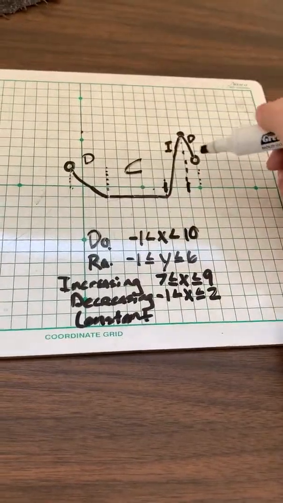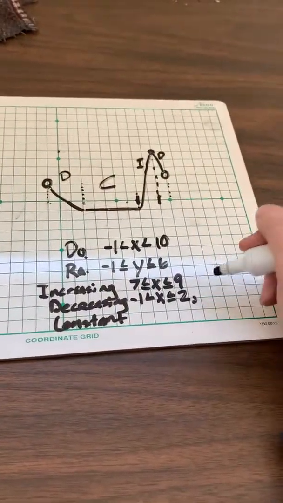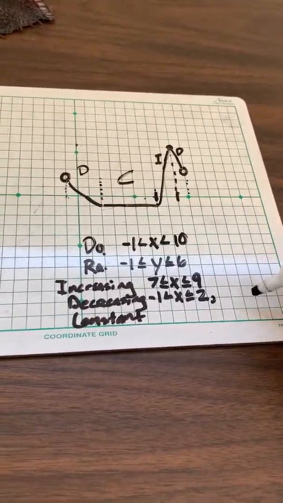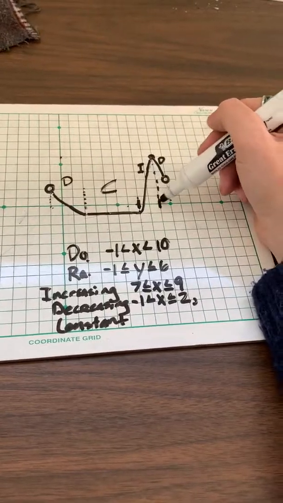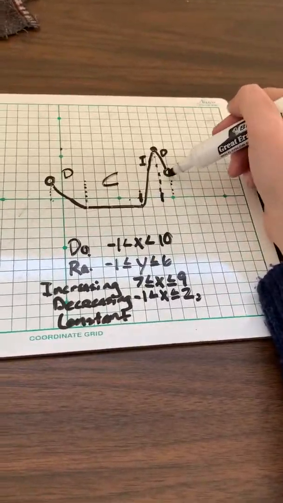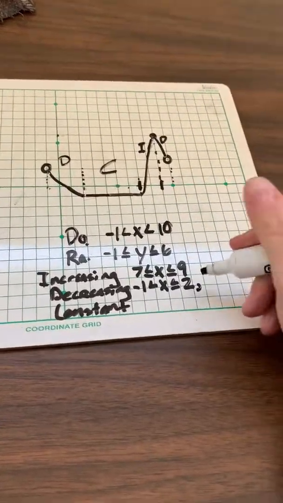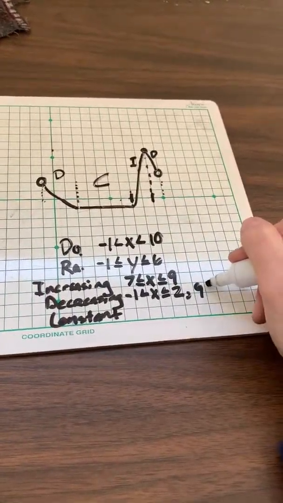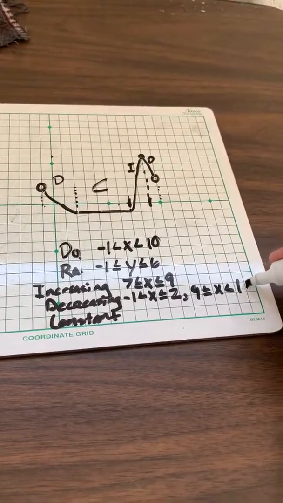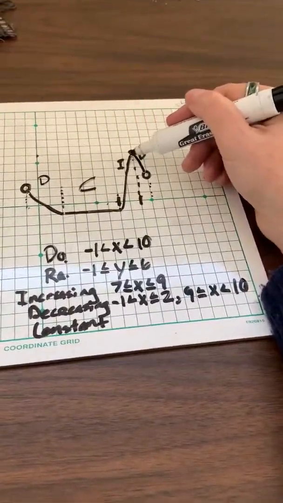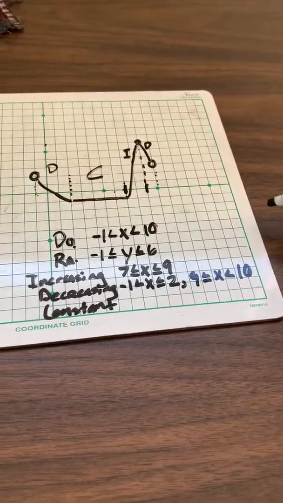There are 2 decreasing intervals in this graph. So I'm just going to put a comma and then do the second one. This decreasing interval decreases from 9 to 10. Here's 9 and here's 10. 9 will have an equal bar because that's a closed circle, but 10 will not because you go from a closed to an open circle. So equal bar, no equal bar.